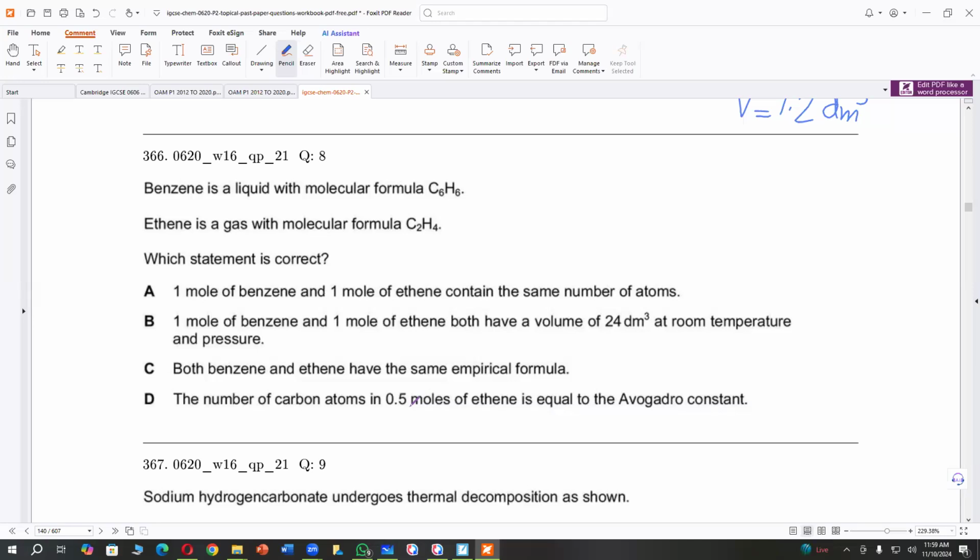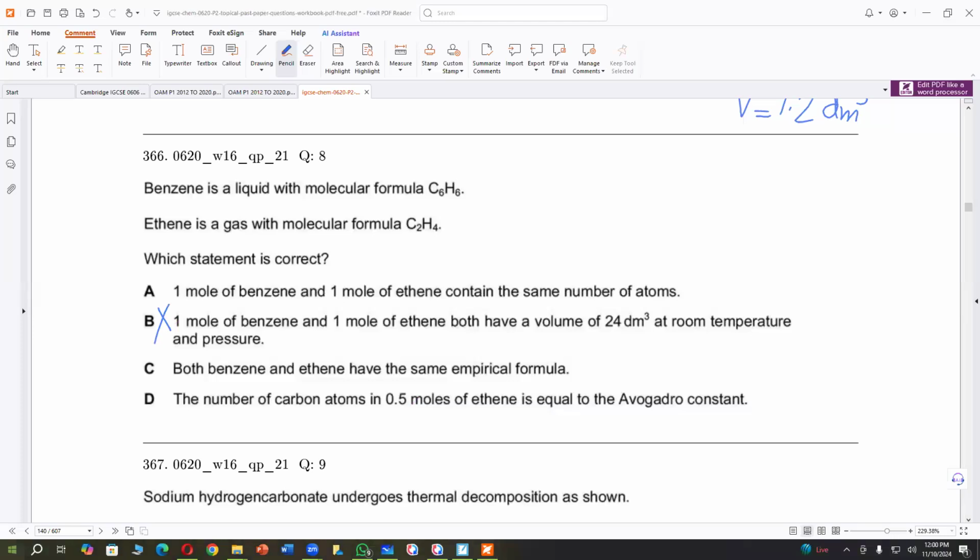I think the volume formula is for gas only, right? 1 mole of benzene and 1 mole of ethene both have a volume of 24 dm cube. That's wrong because the volume rule is applied for gas. Benzene is liquid. Both benzene and ethene have the same empirical formula.